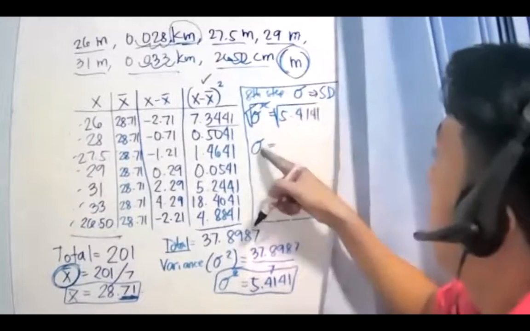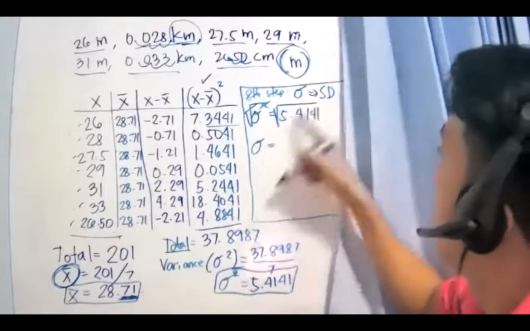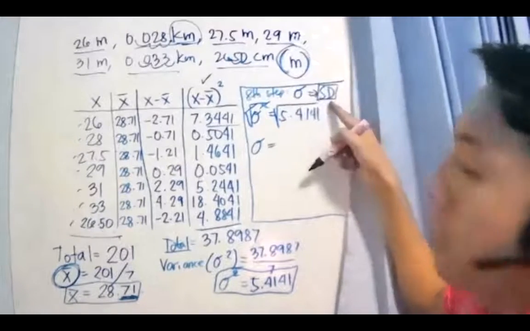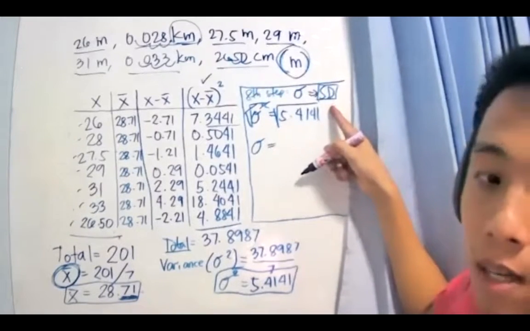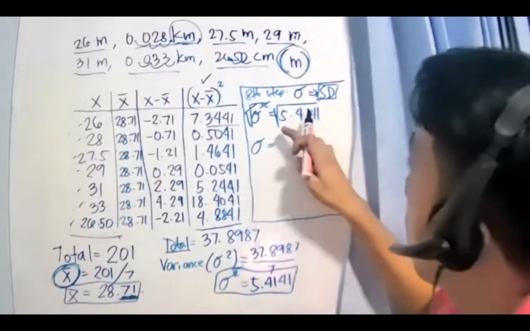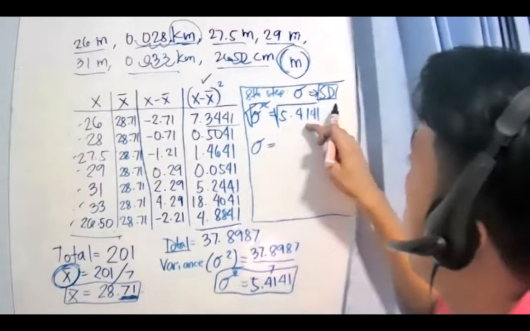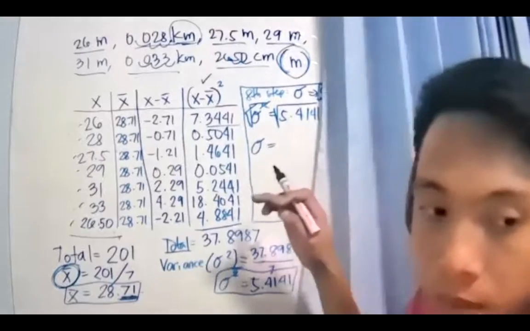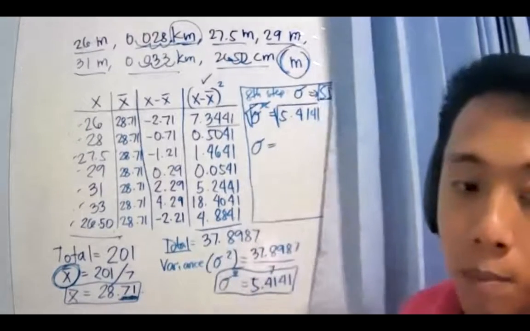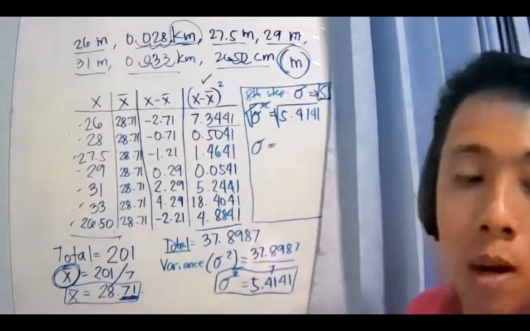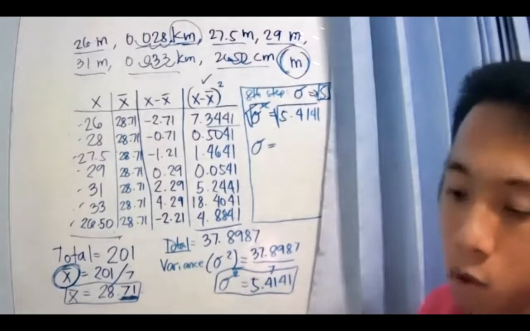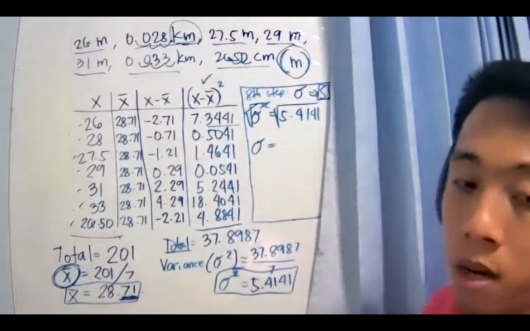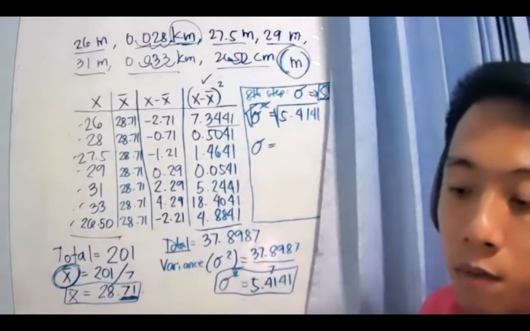So, if this one will be the remaining, so this will now be called as SD or standard deviation. So, ano ang square root ni 5.4141? Square root ni 5.4141. 1, 2, 3, 4, 5.